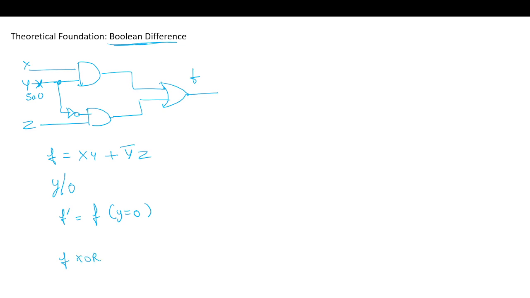We have seen that the XOR between the faulty and fault-free outputs should give 1. To obtain this, we will have a difference equation, where we substitute y as 1 and perform the XOR operation.